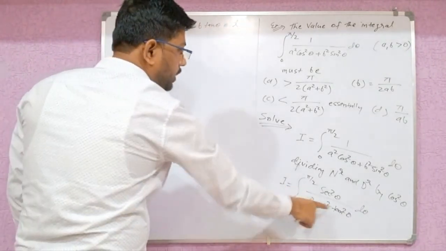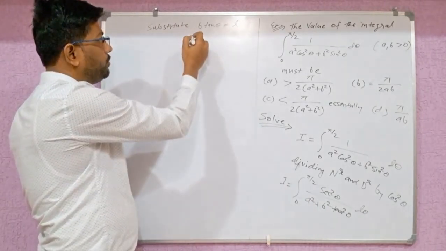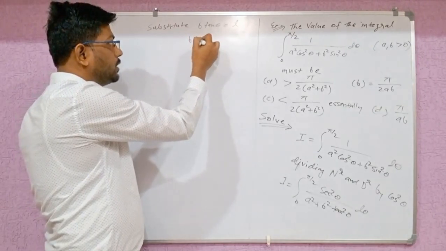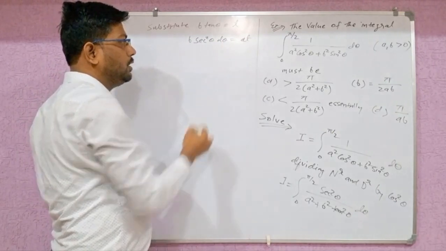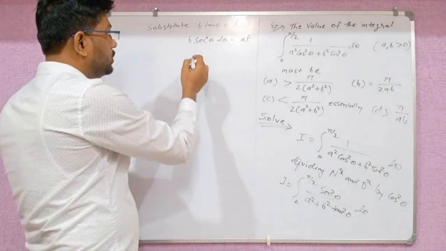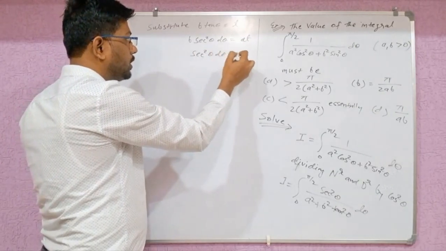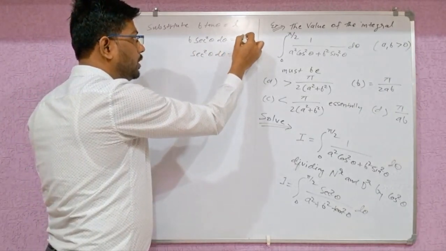This I am substituting. So this will be b sec square theta d theta is equal to dt. Okay, so this sec square theta d theta will be 1 by b dt.